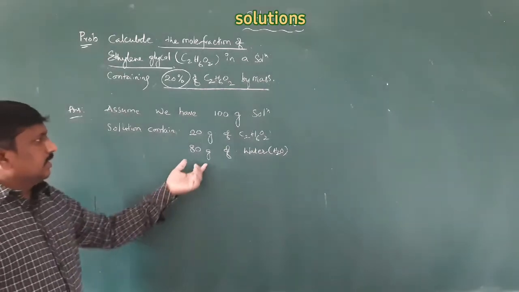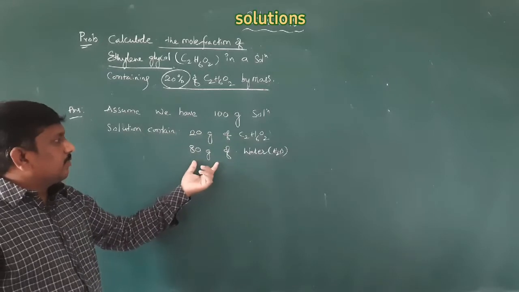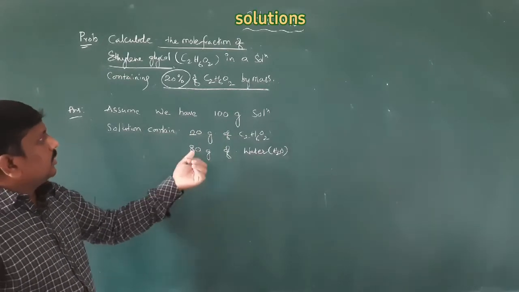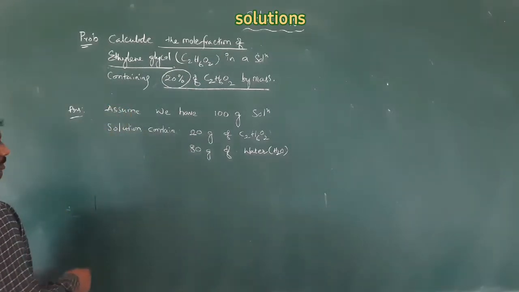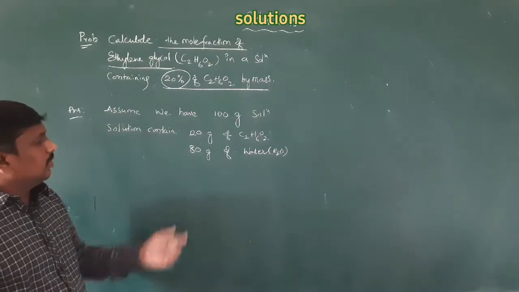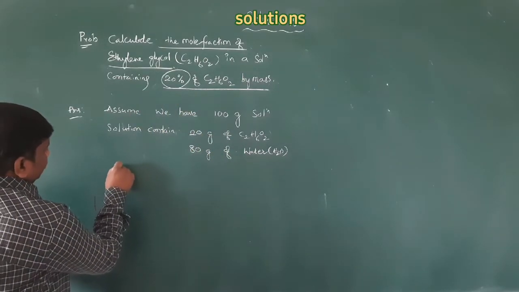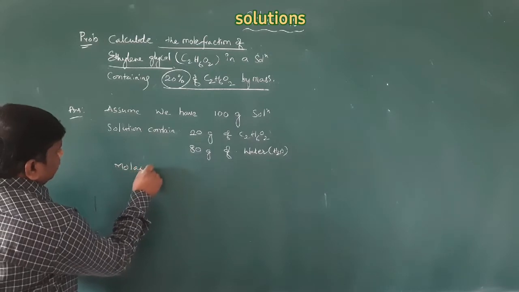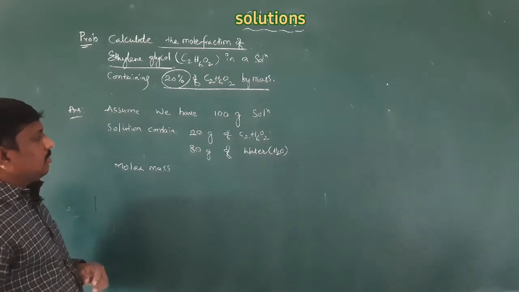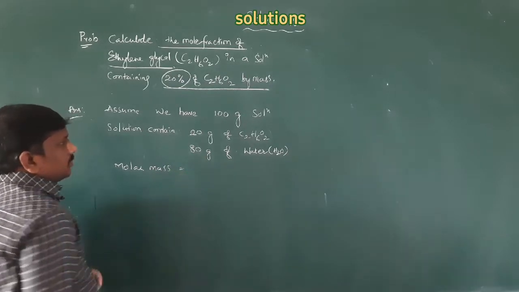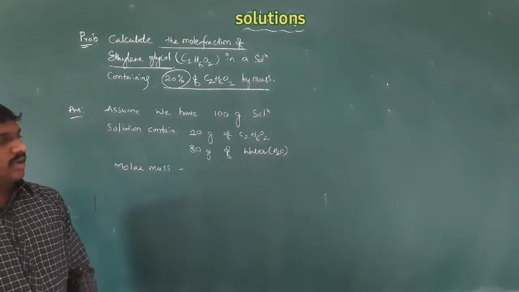We have to find the number of moles of ethylene glycol and the number of moles of water. Then only can you find the mole fraction. Before going to that, we have to find the molar mass of these two components. First, molar mass. What is the formula? Moles is the weight of the solute by molar mass.